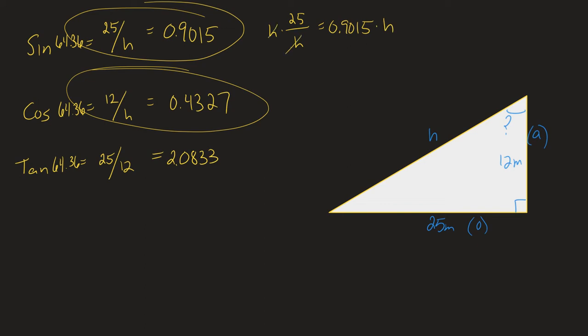And we talked about this earlier in the year. Divide both sides by 0.9015. And I find that h equals, let's see, 27.7.